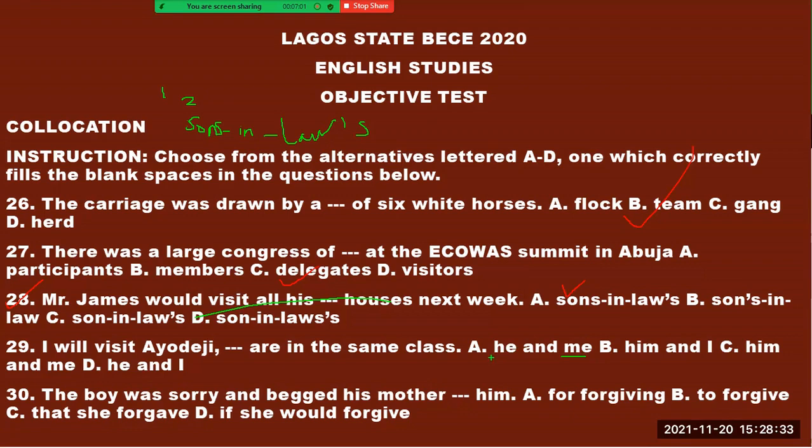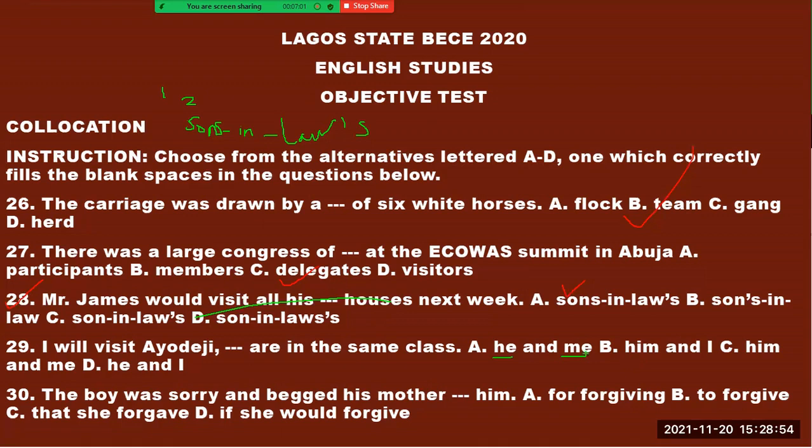And he is subjective, it is correct here. So he and I, not he and me. Him and I is not correct because you cannot say him is. If you remove I, you cannot use he.